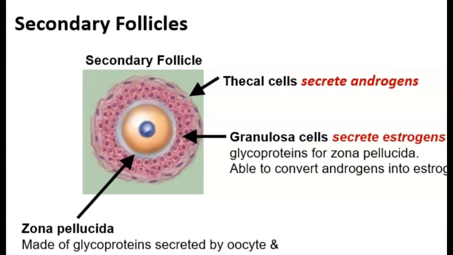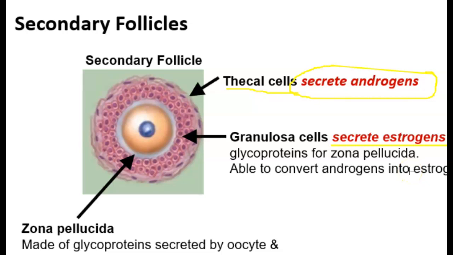Now, I like talking about secondary follicles because it sets up what you have to know in the future about ovary function and its effect on the uterus. The outermost cells, called thecal cells, make androgens, such as testosterone. The granulosa cells make estrogens.